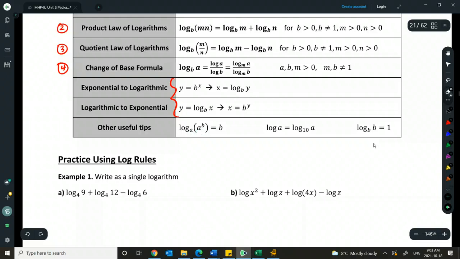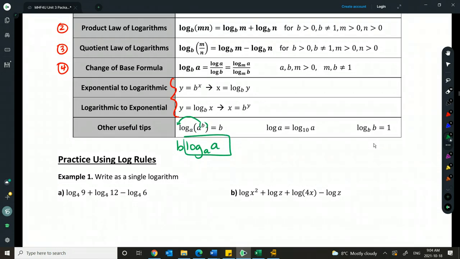And that's also why this rule exists over here. Because if I were to take this b and bring it down in front, I would have b times log base a of a. And we know if I have log base a of a, anything to itself, then that must be 1. So that's why this rule is just equal to b.